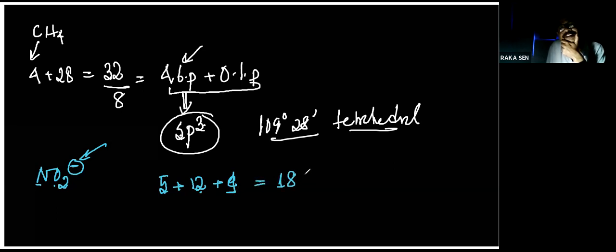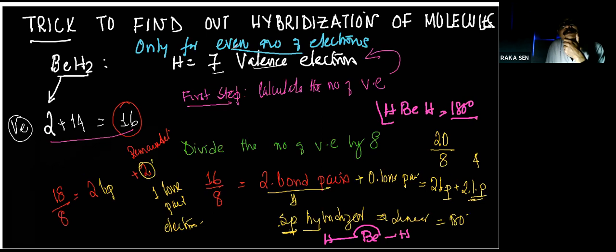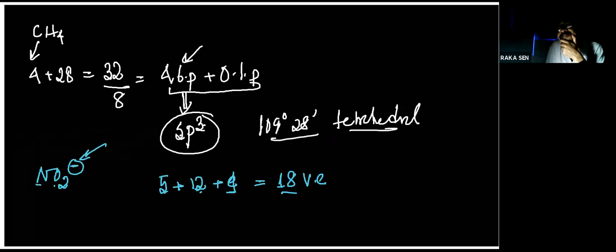So total number of valence electrons is 18. Even, because this rule is only applicable for even number of electrons. Divided by 8, I've got 2 bond pairs directly divisible. Remainder is 2 electrons. That is going to constitute 1 lone pair.